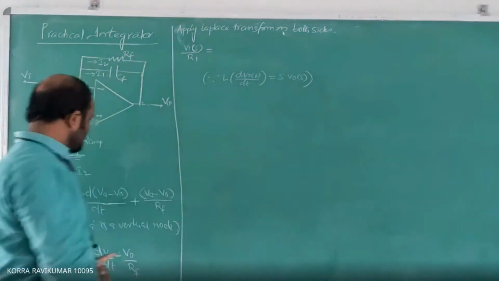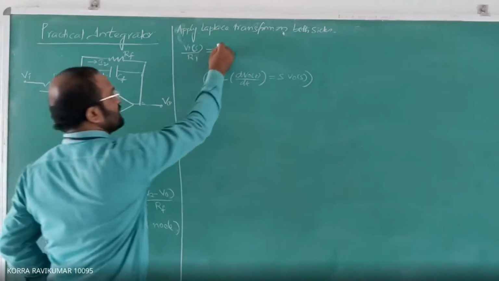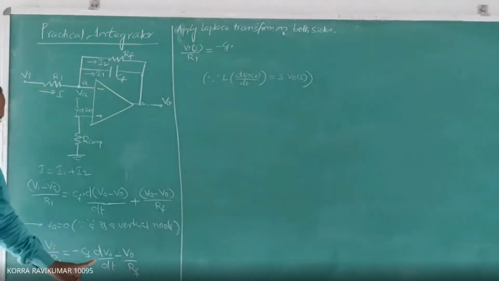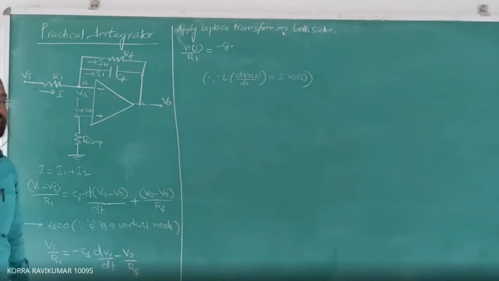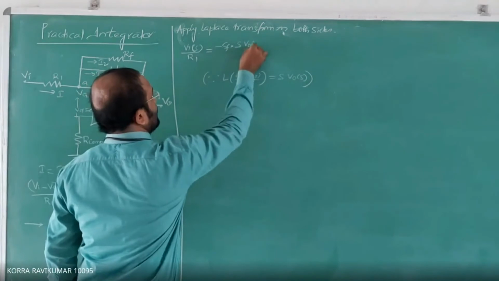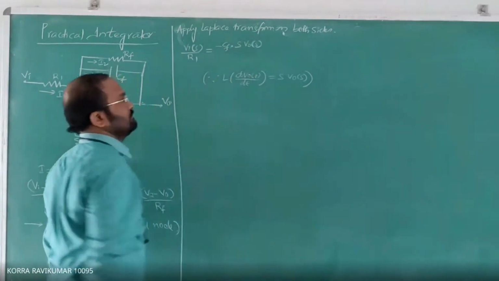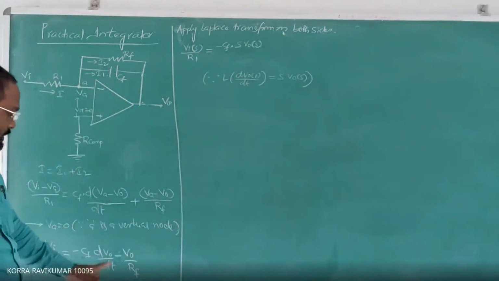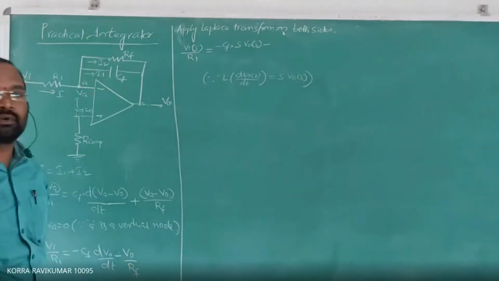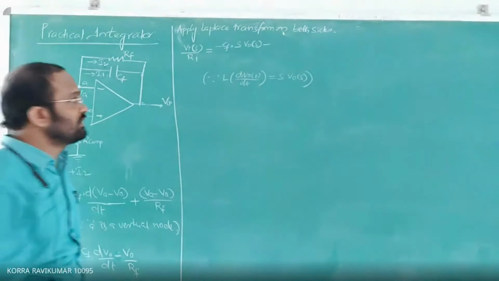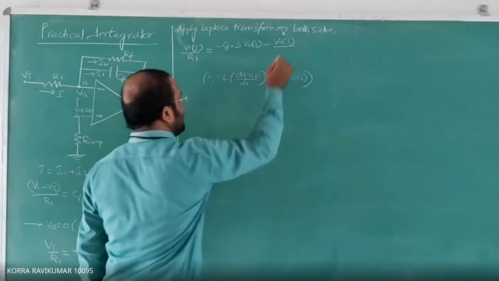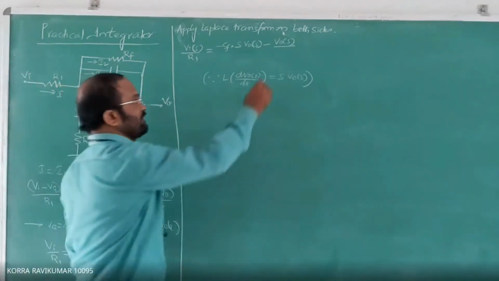So I can write it as minus CF into the Laplace transform of dV0(t)/dt, which is s into V0(s), minus the Laplace transform of V0(t), which is V0(s), divided by RF.